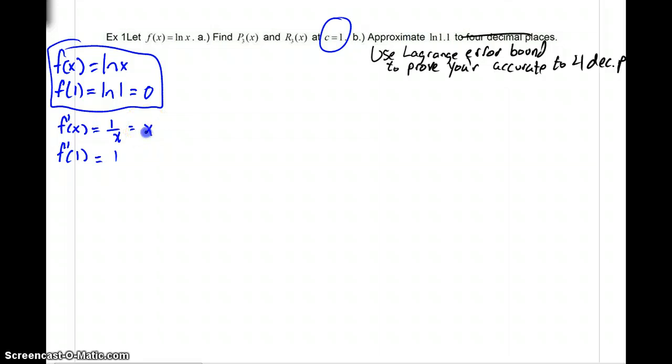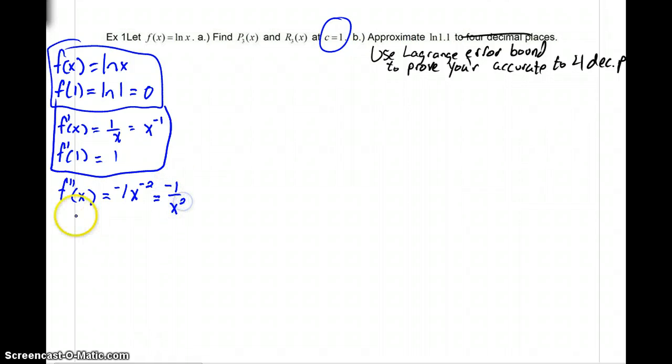Now, by the way, to help us on future derivatives, let's realize that the first derivative is essentially x to the negative 1. I'm going to take a second derivative. Using the power rule, we'll drop down our negative 1 times x to the negative 2. And of course, this is really equal to negative 1 all over x squared. Well, if we're evaluating at where we are centered, substitute a 1 into this derivative.